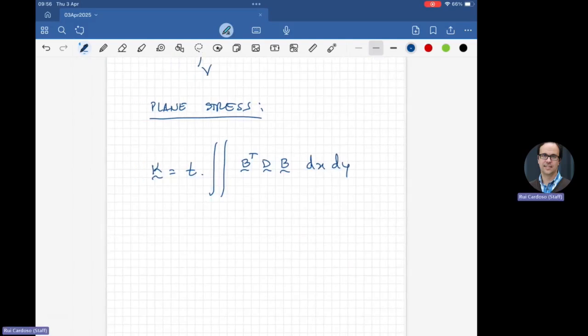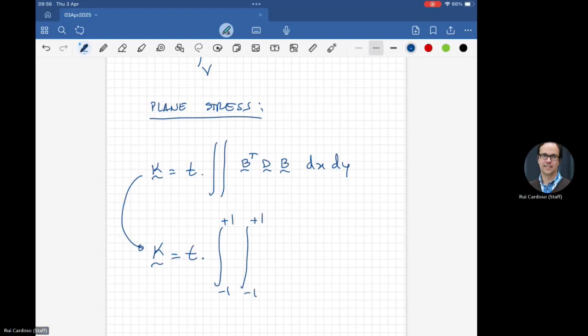So for my stiffness, we are calculating stiffness, but we are going to see the internal force is going to be the same. I'm going to do this from -1 to +1 in the xi direction, -1 to +1 in the eta direction, integral of what?